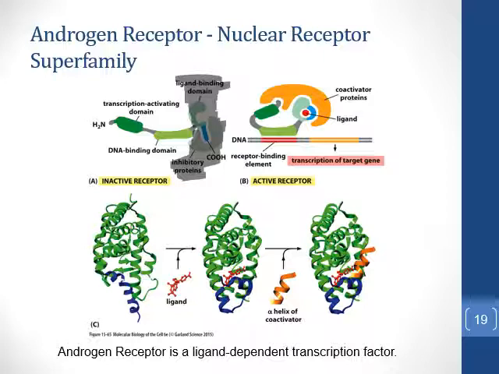Those are the components that we said transcription factors have. Well, it turns out these receptors, in many cases, are transcription factors, because that's clearly what that is. But they're transcription factors with another domain. The third domain is the ligand binding domain. That's the domain that binds the second messenger.